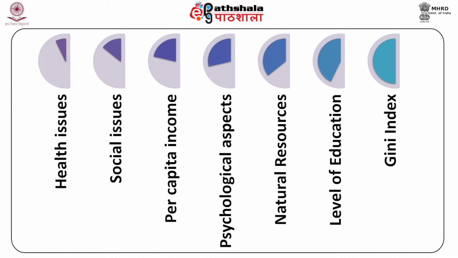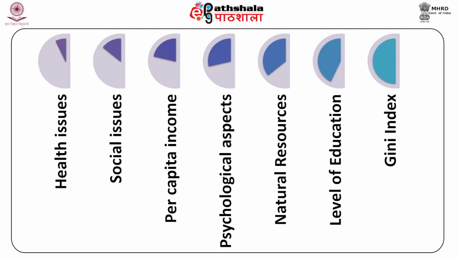Sixth is level of education. The level of education and its nature, whether it's basic, graduation, professional or technical, research based. Type of education facilities and their availability and proportion of income spent on education. Seventh is Gini Index. Gini Index or coefficient of living of the people or residents of a region is a very good indicator.